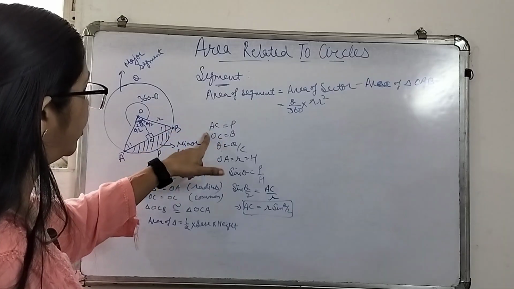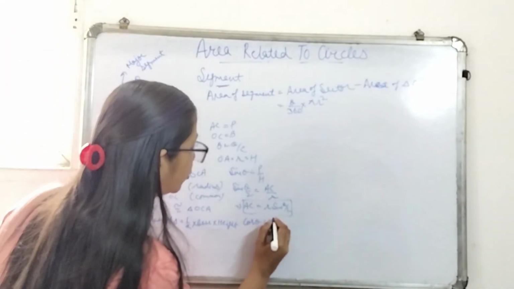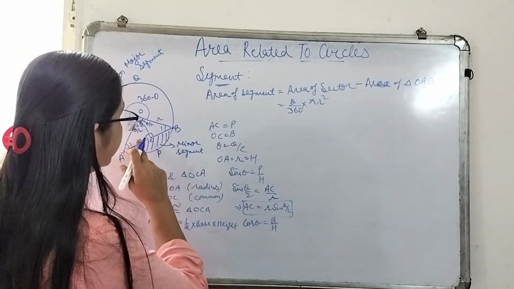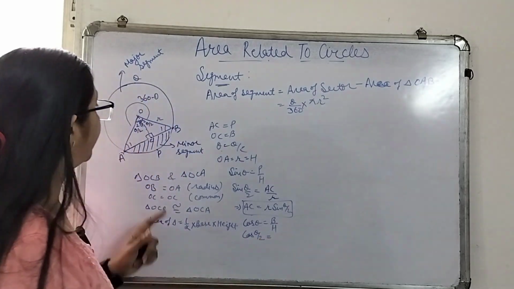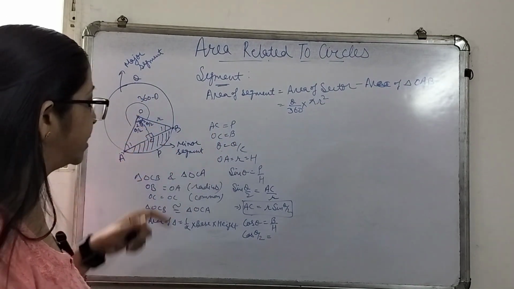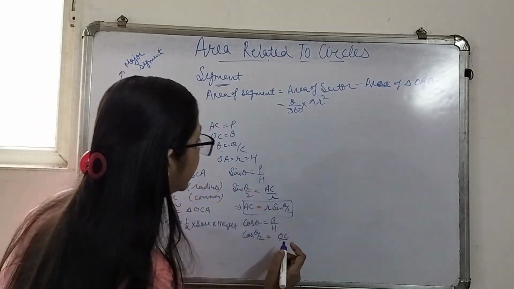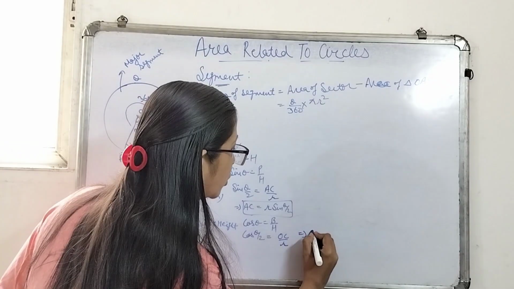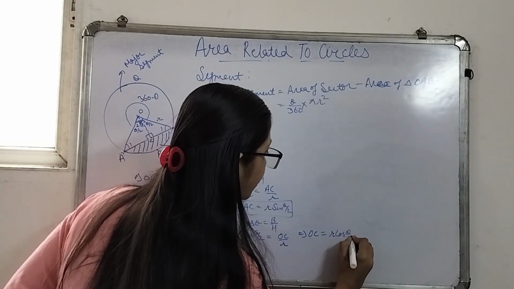Now again, we know that cos theta is equivalent to base upon hypotenuse. Here theta is theta by 2, so we take cos theta by 2. The base is OC, so it will be OC upon the hypotenuse, which is the radius. So we can see that OC is equivalent to R multiplied by cos theta by 2.